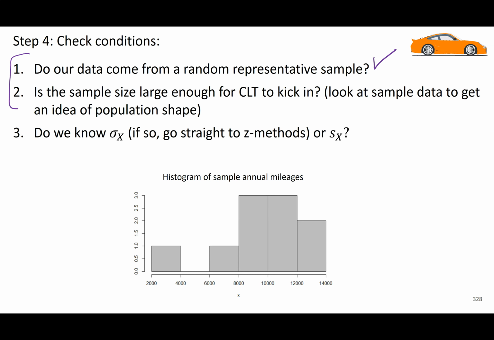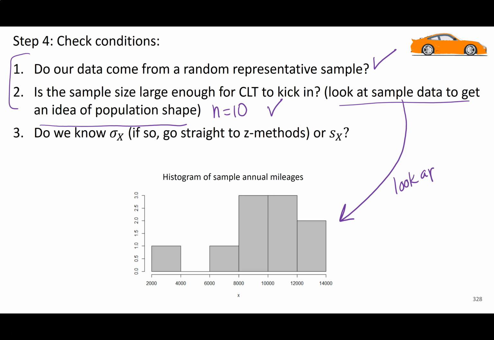Is the sample size large enough that we can count on the central limit theorem to kick in for us? The sample size is 10. However, they did tell us that the population was normally distributed. So yes. One thing we often would do is look at a histogram, or we even have a normal QQ plot, and ask: does this look approximately normal?